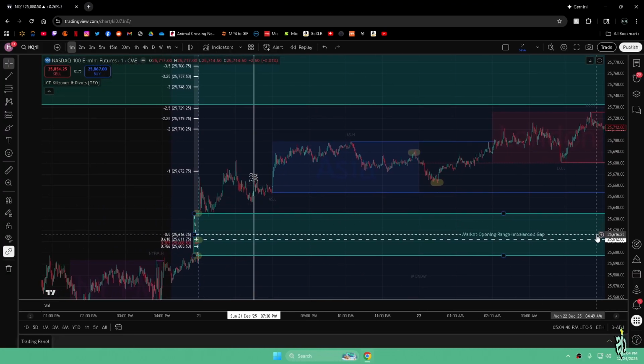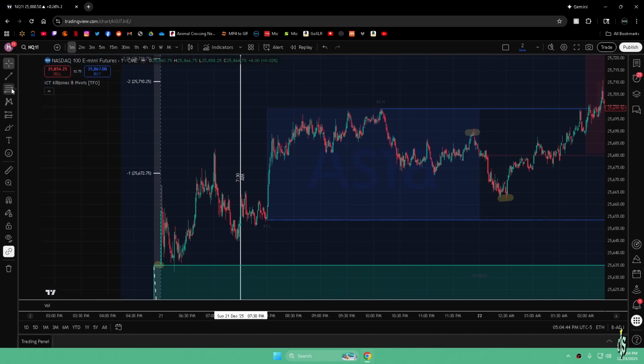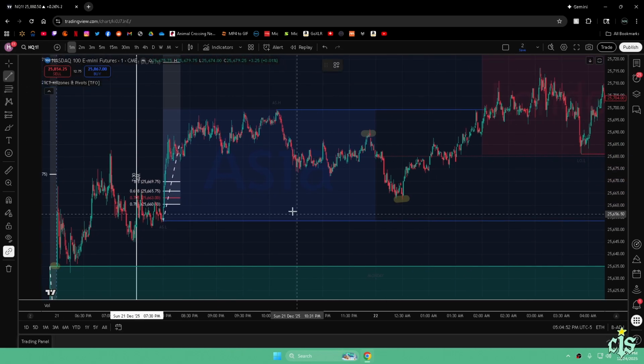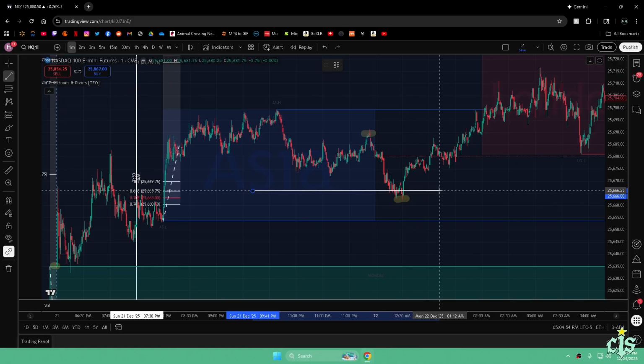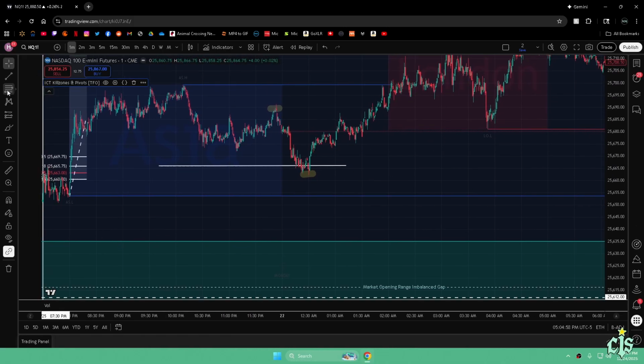You could have taken your fib from this range right here to here, and you could have gotten longs here, right? Wow.